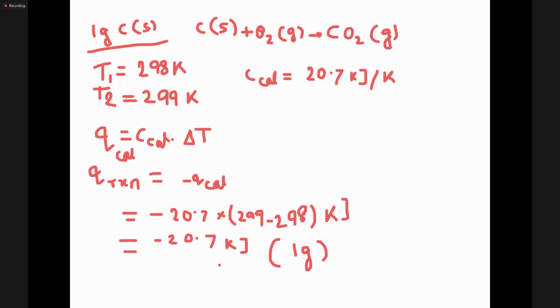So if we convert the gram into mole, similarly as in the last case, where we divided by the molecular weight of sucrose, in this case also, it will be 1 divided by the molecular weight of graphite. So we have the Q reaction equal to minus 20.7 kilojoule multiplied by 12 gram per mole.